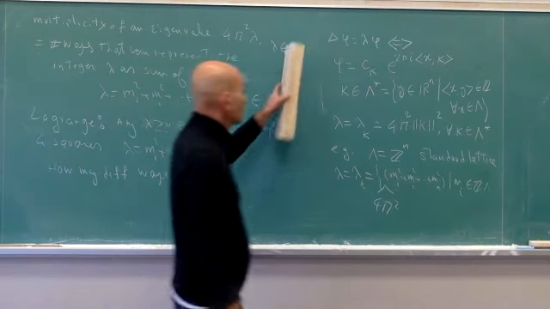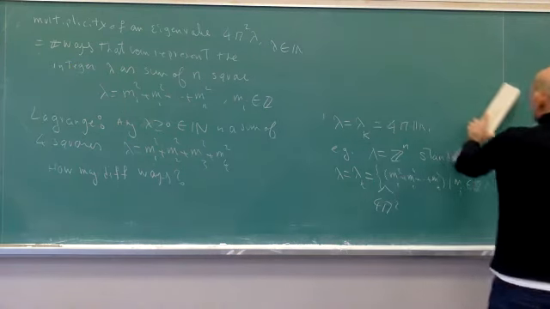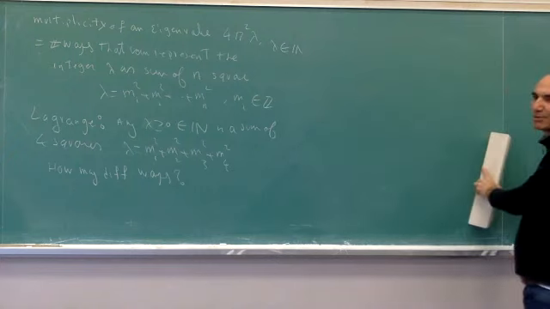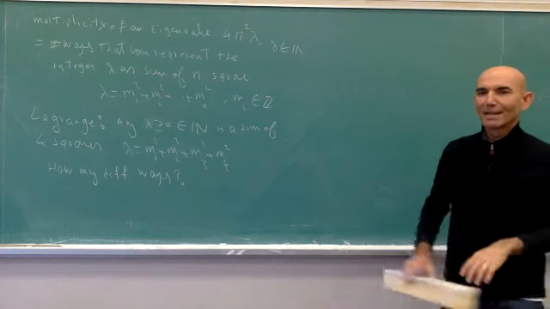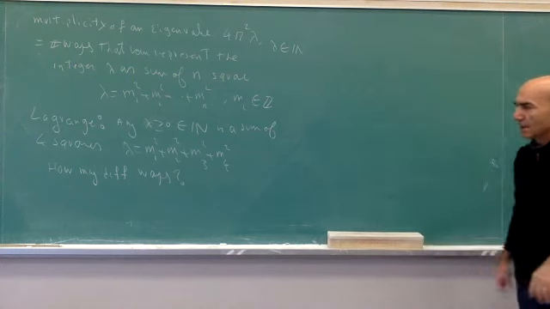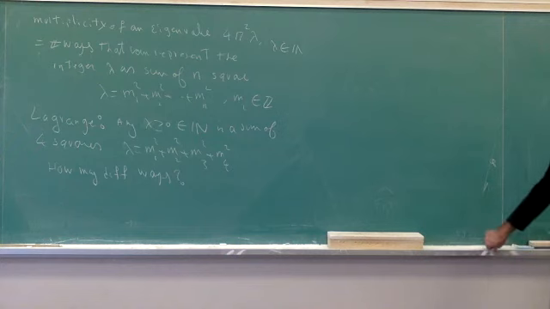I won't give you the answer. I don't remember the answer, but it is related to these divisor functions in number theory. So we will discuss this in the course, in spectral geometry. That's very much related.